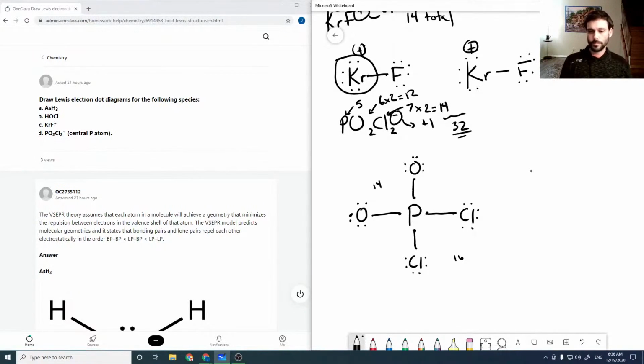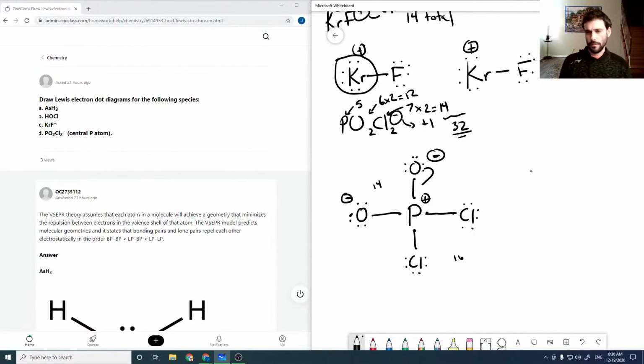Now we've got a negative charge on each oxygen, because if we count the electrons around oxygen in both cases, it's 7, but oxygen normally wants 6, so that's a minus charge. Around phosphorus it's 4, and phosphorus normally wants 5, so that's a positive charge. But we've got full octet everywhere, so that looks pretty good.